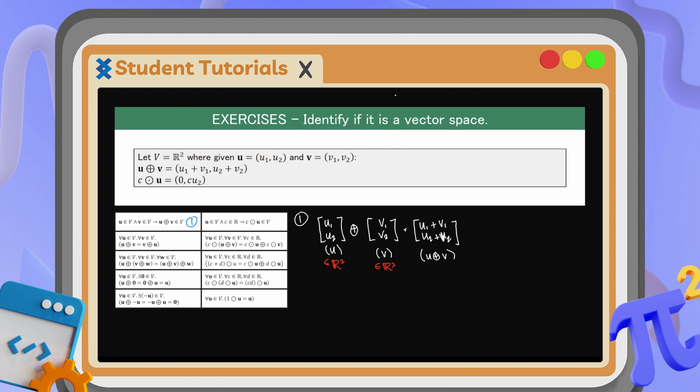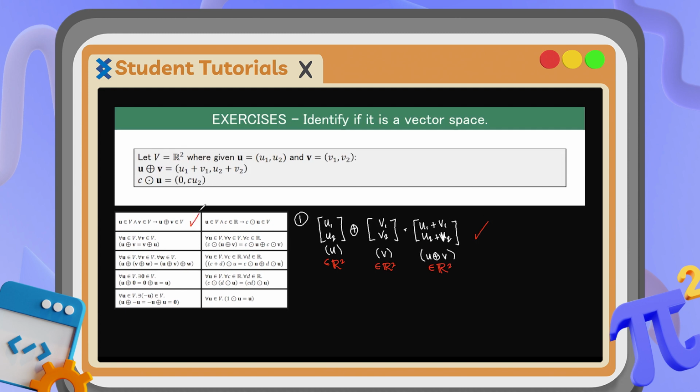With that being said, if these are real numbers, then the sum would be a real number. Similarly, for the second element, adding two real numbers gives us a real number, which means that the vector addition should give us an element that belongs to R2 or the set V. So with that, that means that we satisfy property 1.